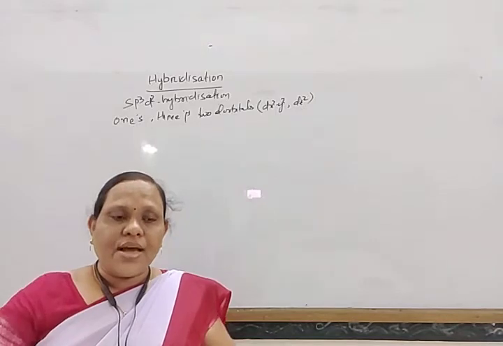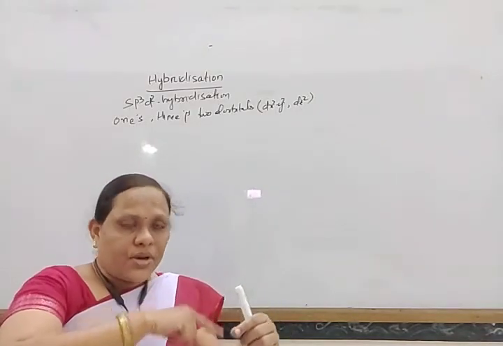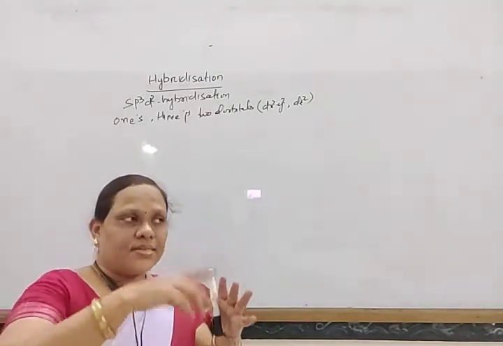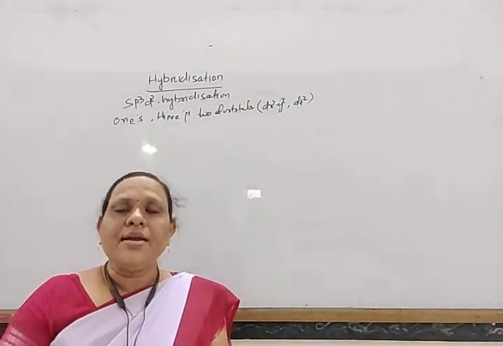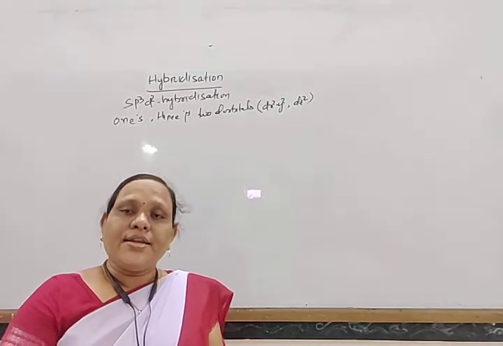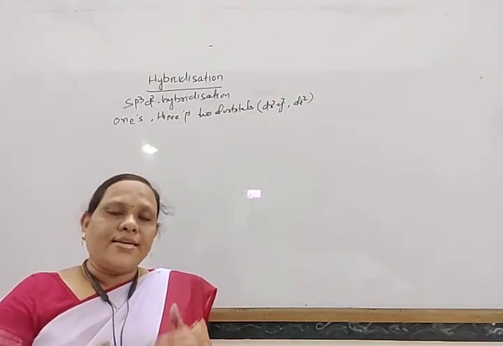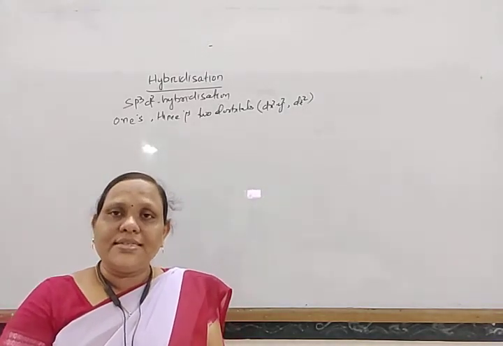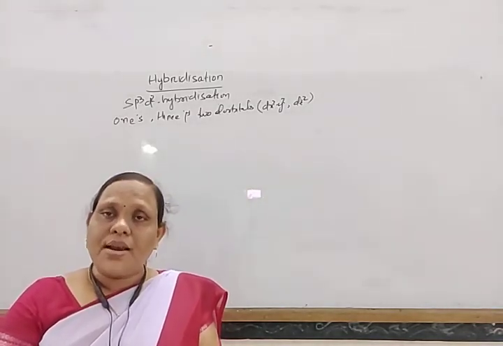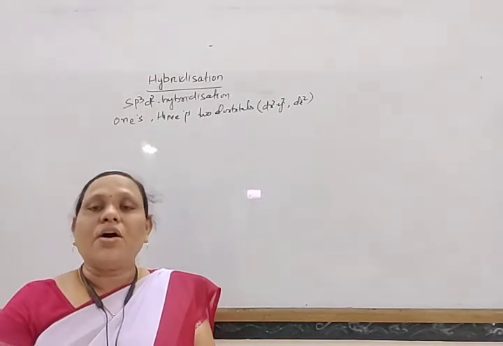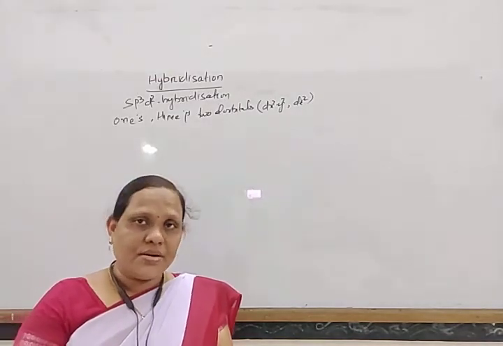If we join all these apexes, it gives a regular octahedral structure. Here the bond angle between every two orbitals is 90 degrees, whether present in the equatorial plane or in an axial manner.